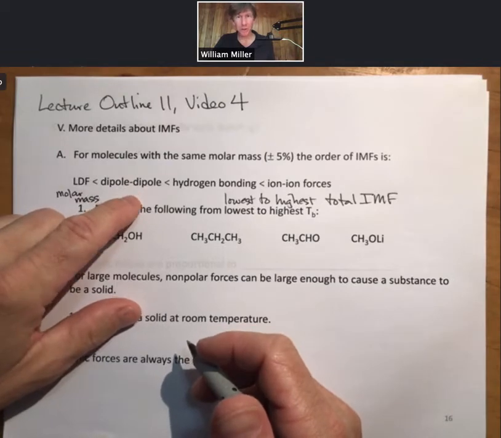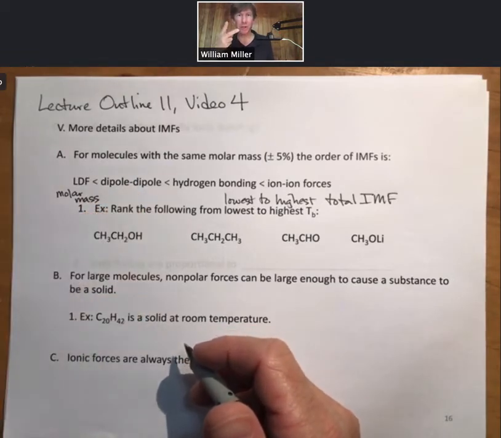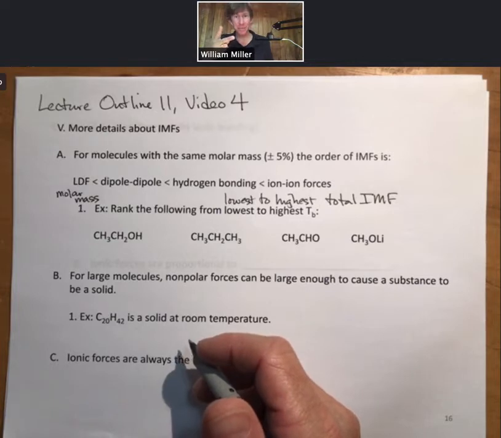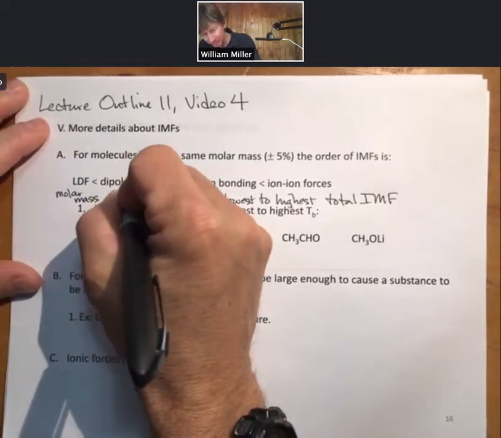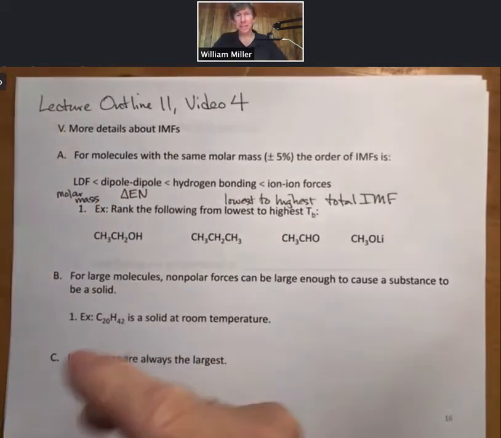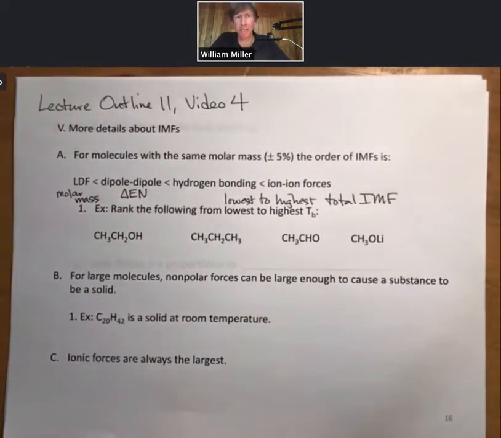If you're looking at dipole-dipole and you have two things that you think are both dipole-dipole, which almost never happens, by the way, but if it did, the way to tell them apart is delta electronegativity. The larger difference in electronegativity leads to a larger IMF and a higher boiling point.